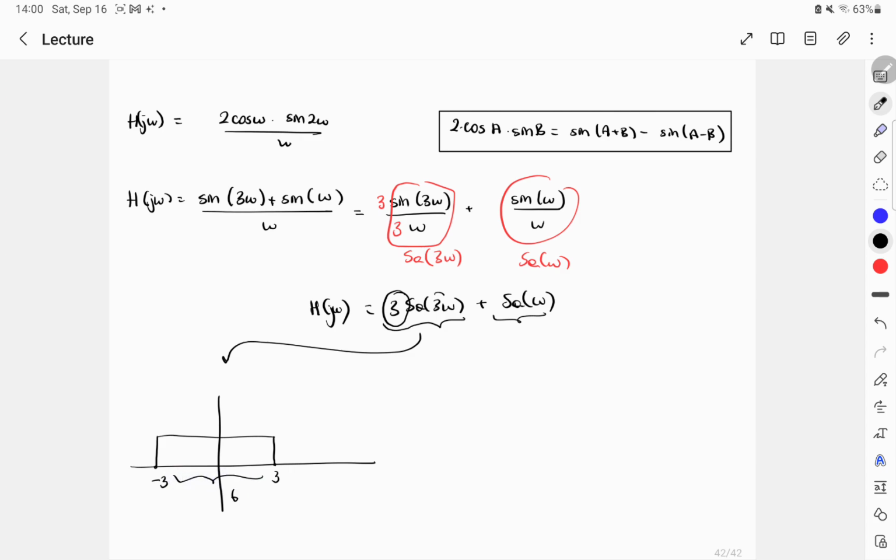In order to have 3 as an area, we need an amplitude of 1 over 2, and this is h1(t). For this one, tau over 2 is 1, so here we have 1 and minus 1, and the area is 1, as well as the coefficient is 1. So since we have 2, we will have an amplitude of 1 over 2 here as well, h2(t).